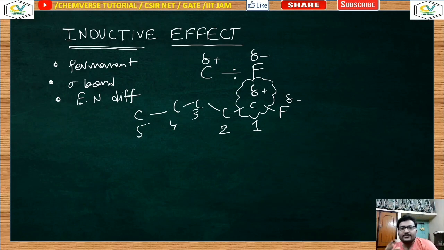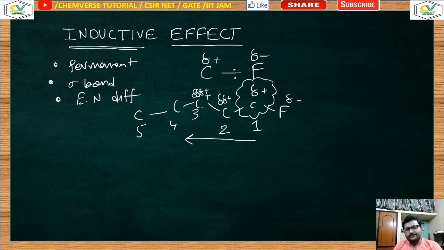So this first carbon is somehow delta positive. Now this positive charge will carry through the chain. If we move away from the fluorine, there will be some amount of delta positive charge induced over these carbon atoms.